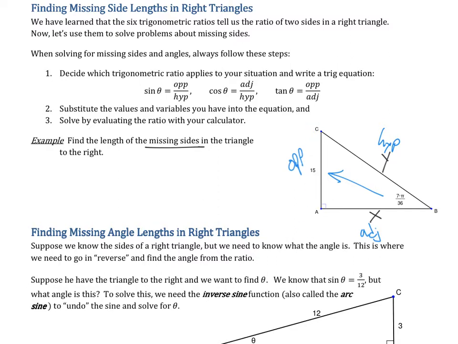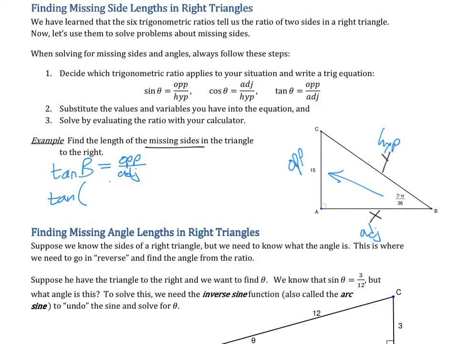We know that the tangent of angle B, because that's a B down there, is defined as opposite over adjacent. And I know how big B is.